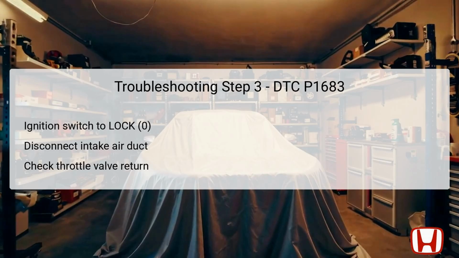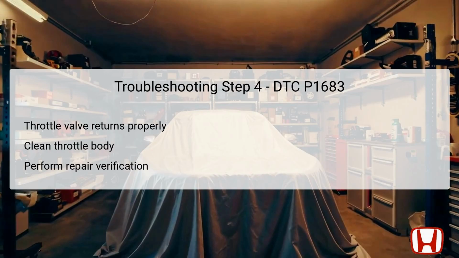Once the duct is removed, visually inspect and gently push the throttle valve closed. Then release it. Observing whether the throttle valve returns to its original position is crucial in determining functionality. A proper return indicates a non-mechanical fault, while a failure to return suggests a need for replacement or repair.